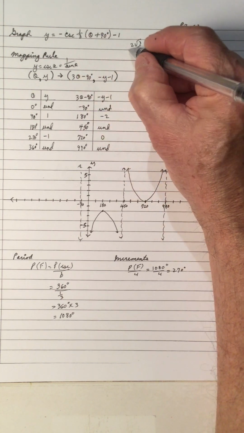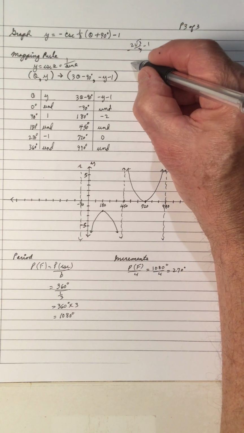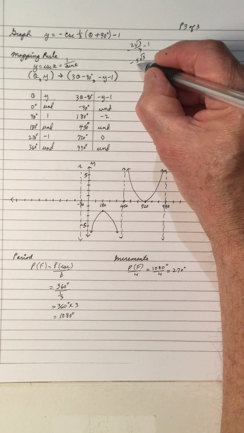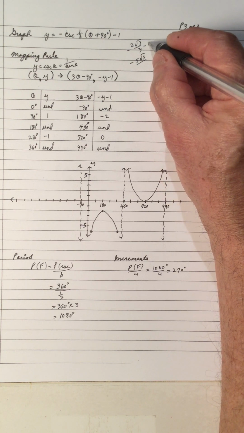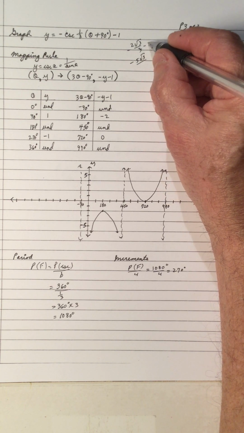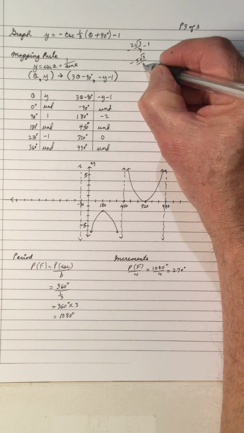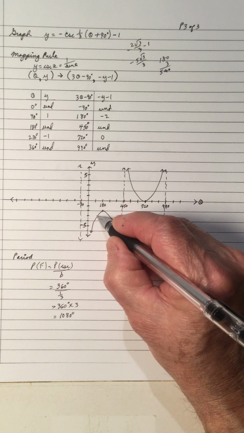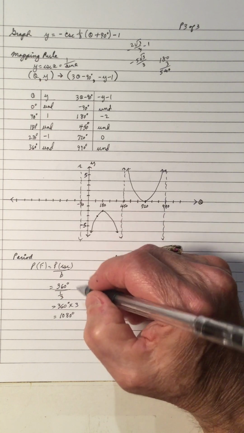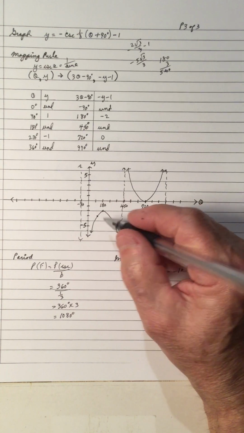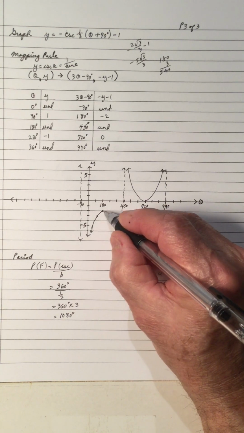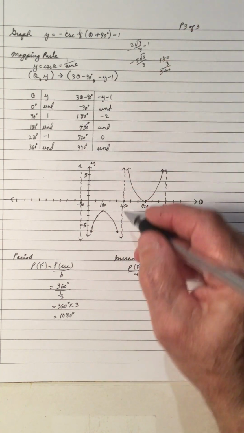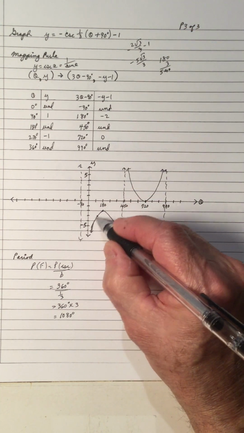With the negative and the negative 1, it's negative 5 root 3 over 3, and that number is negative, so 90 is down right here. You can see that you're going down from here. So that verifies that you're okay.